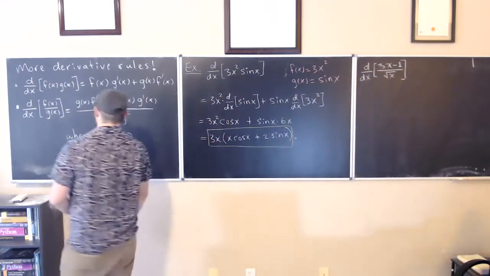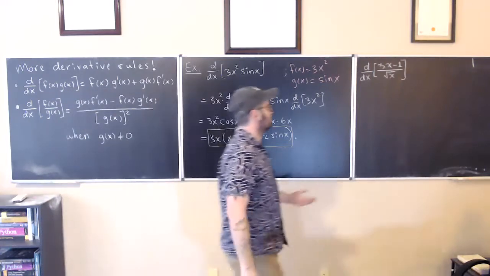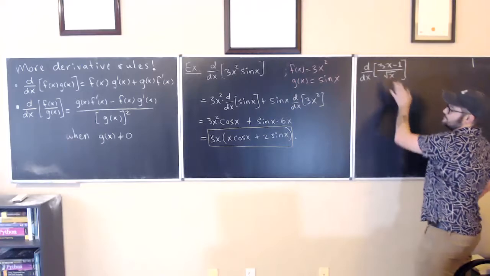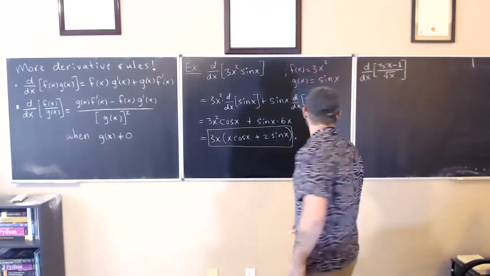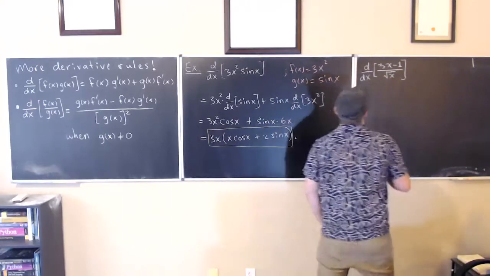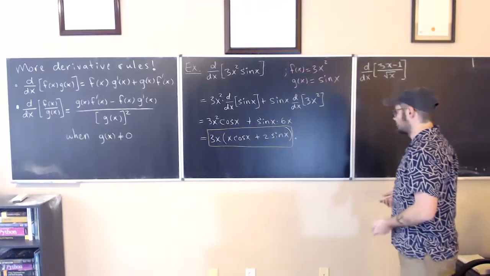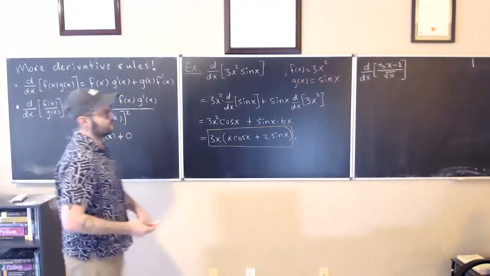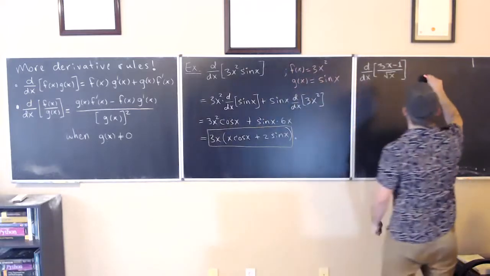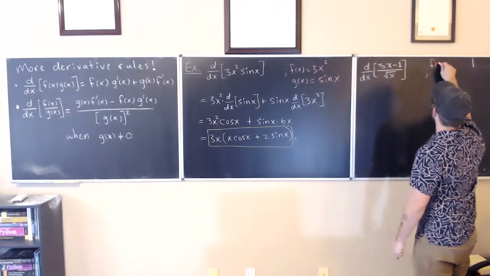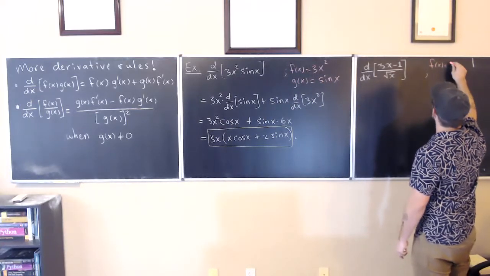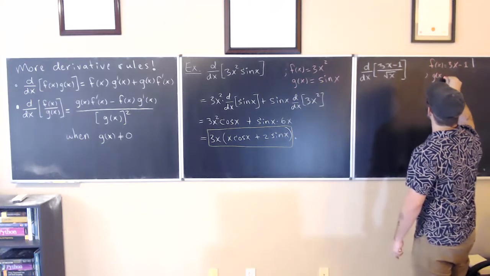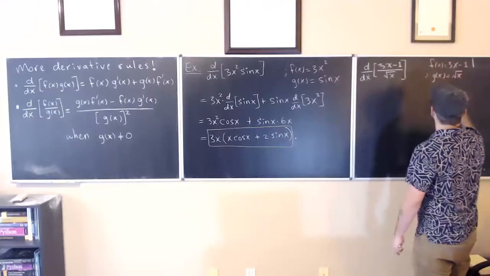Okay, so we can do this whenever x is not equal to 0, basically, because we just want to avoid division by 0. So with that assumption, x is non-zero, and so g of x is non-zero. We'll just make note that f of x is equal to 3x minus 1, and g of x is just square root of x.